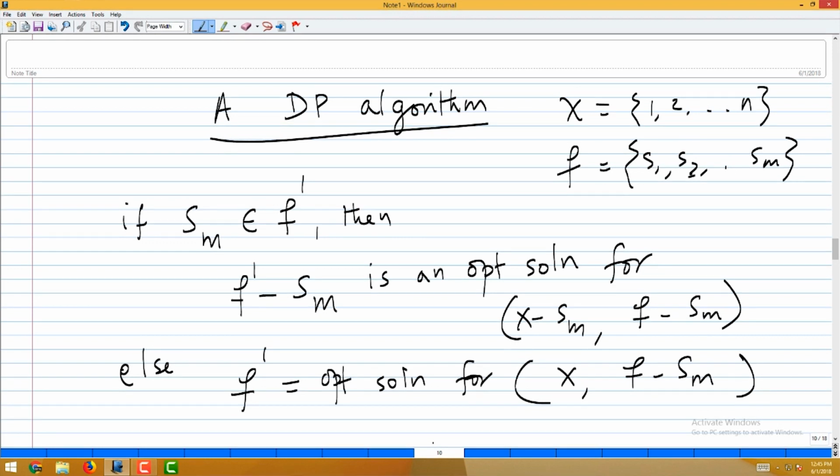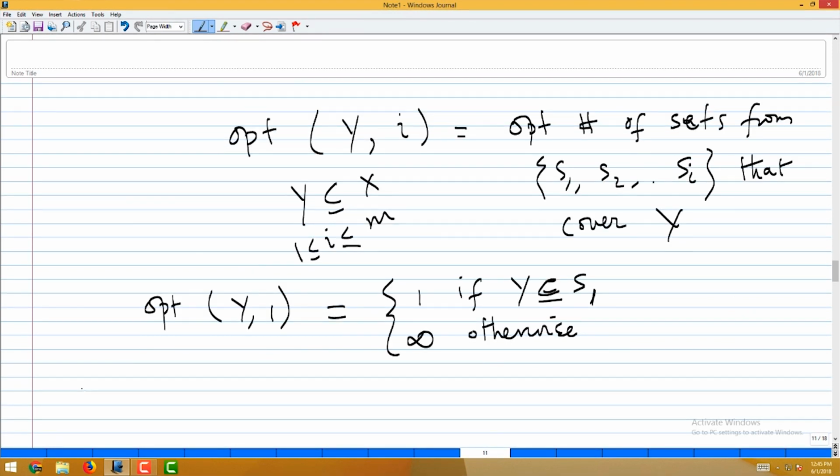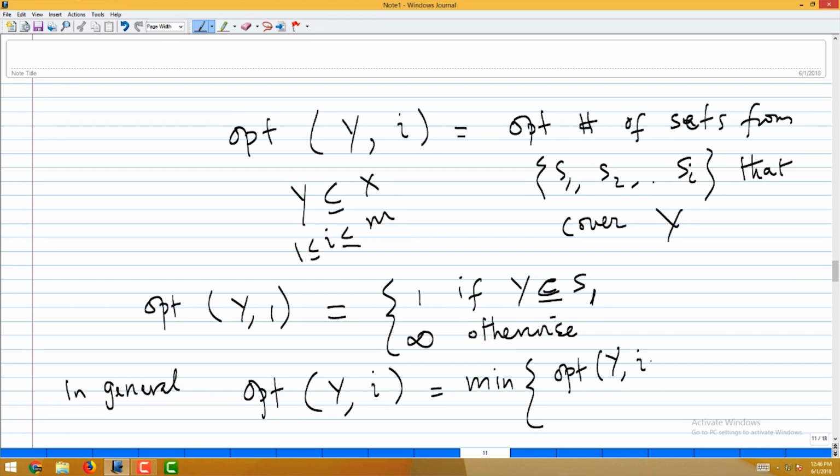Now, when I go to 2, I have this recurrence, right. So, in general, I want to cover my set Y with the first i sets. This is equal to the minimum of: see if you can cover it with the first i minus 1 sets, which you already computed because we have computed the smaller ones, or I need the ith set.